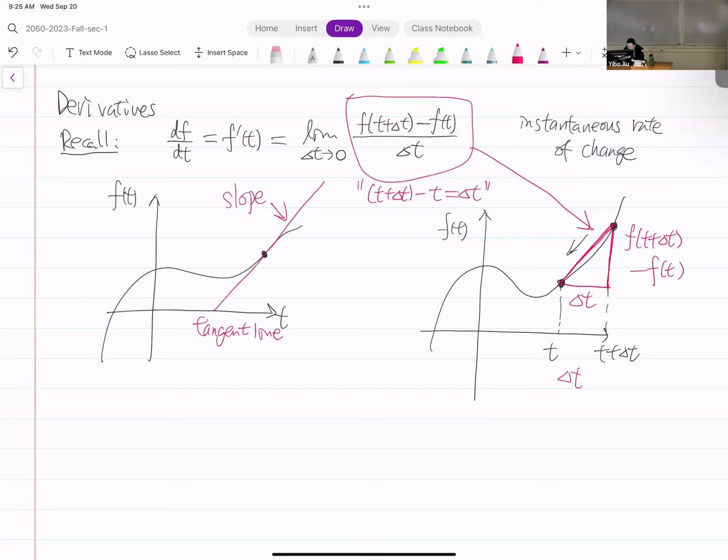The slope is just rise over run. So that's the fractional part. And then when you take the limit, you push this point closer and closer to the original point. And that's just using this secant line, okay? Using the secant slope to approximate the tangent.